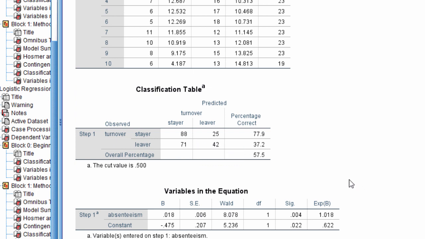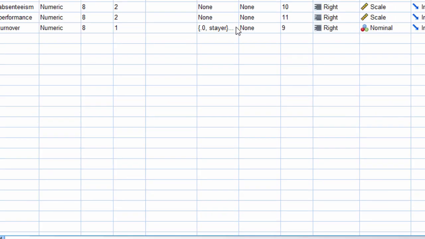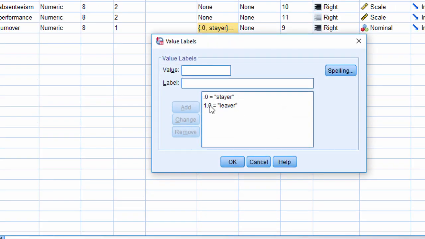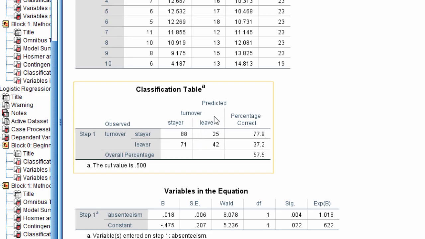So in this case here, I'm trying to predict who leaves the company. And so in that context, sensitivity, as I show here, where 1 is the value of interest, and that's a leaver. So a leaver and a leaver, 42 cases were identified as a leaver and were in fact a leaver.